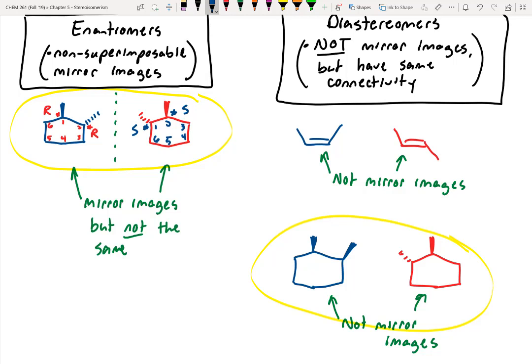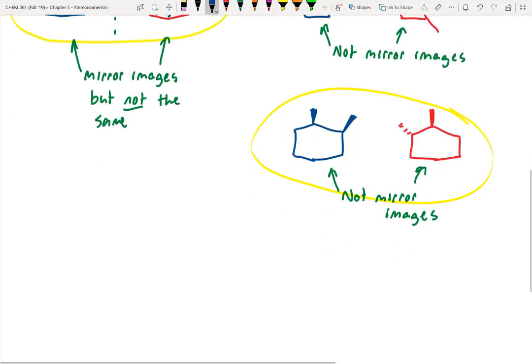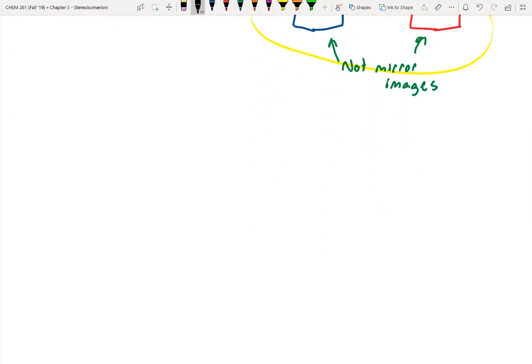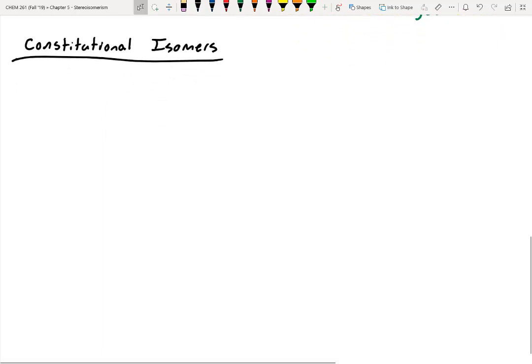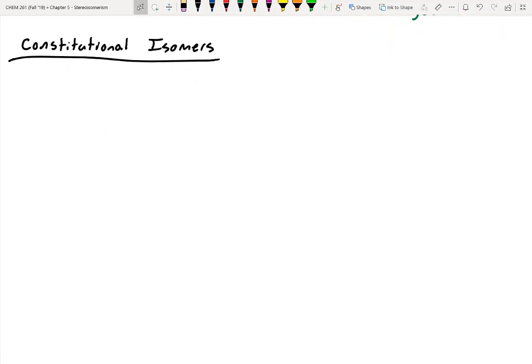All right. So what I want to do is talk about this in a bit more detail, specifically regarding physical properties. All right, so constitutional isomers. What were those again? Different connectivity, right?